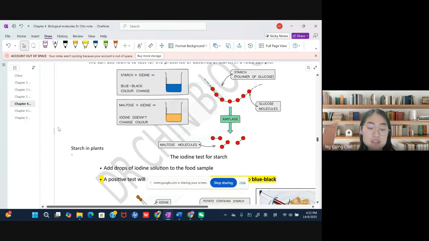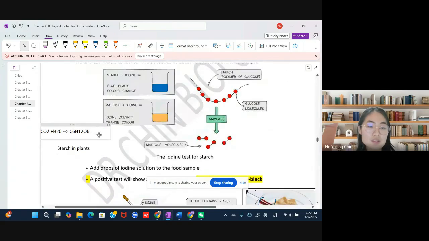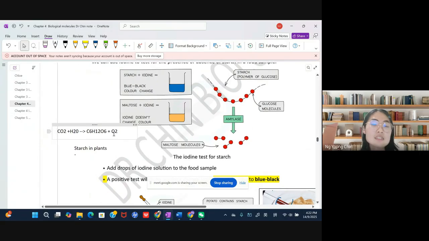Photosynthesis, which is they will absorb carbon dioxide and water, and then they become the glucose, C6H12O6, and release the oxygen, O2. So during photosynthesis, plant will produce glucose, correct? So plant will produce the glucose at where?